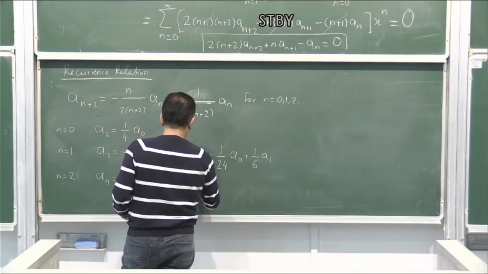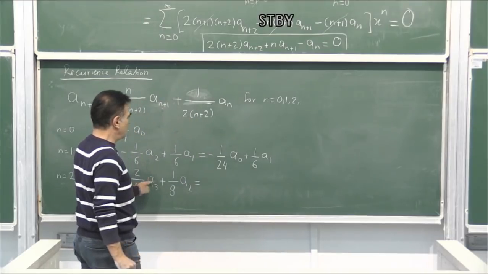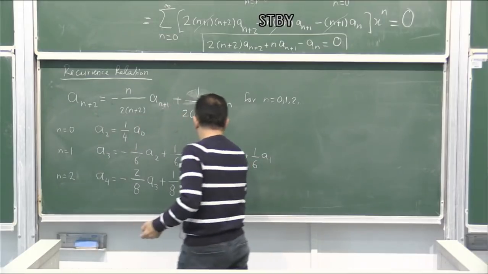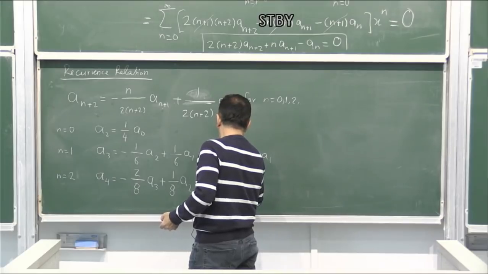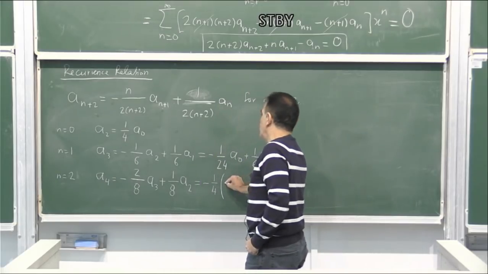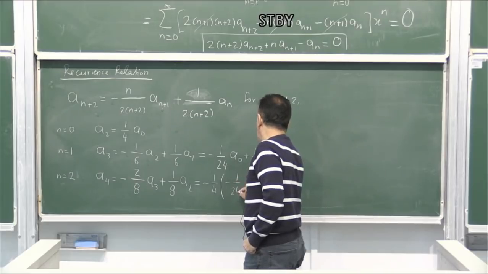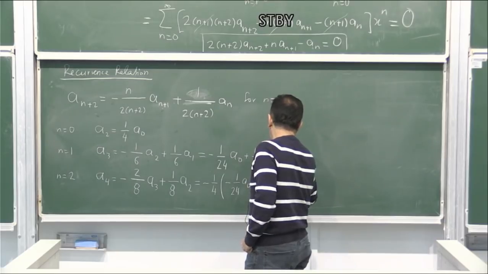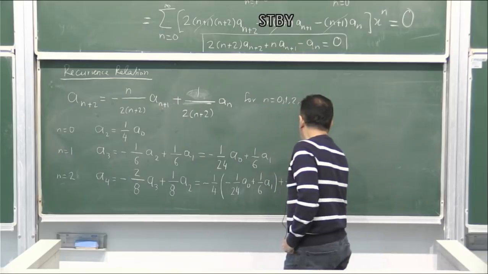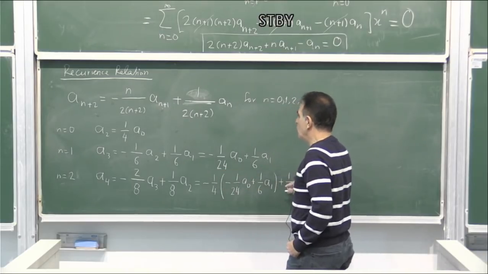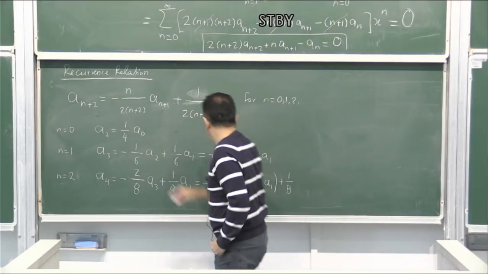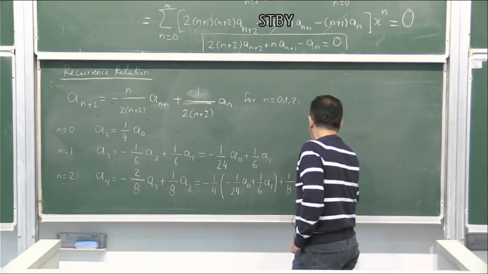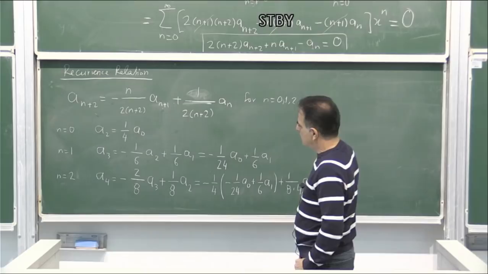A2. Now, A3 is written in terms of A0 and A1. A2 is written in terms of A0. Therefore, we have minus 1 over 4 A3, which is minus 1 over 24 A0 plus 1 over 6 A1, plus 1 over 8 A2. And A2 is 1 over 4 A0. So this, good.